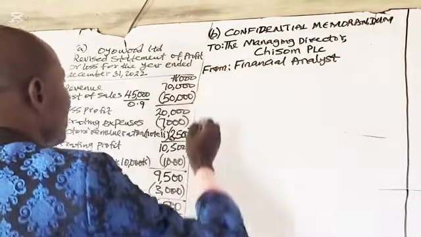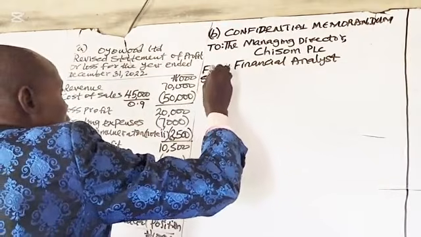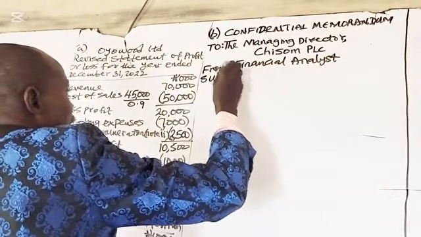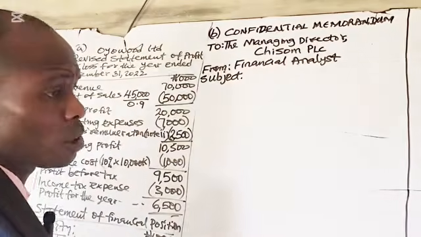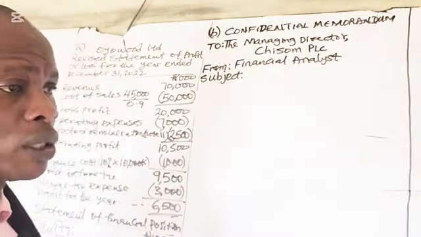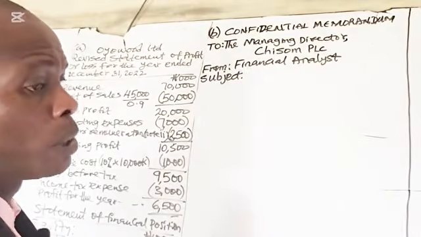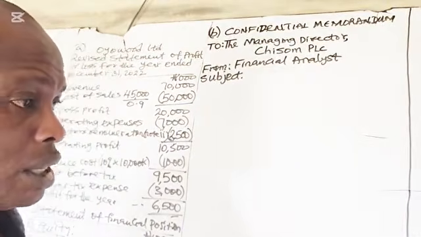Then what do you have to write about? So you put that as the subject, the topic you want to write about. So: acquisition of Oyo Wood Limited, performance review and recommendation.